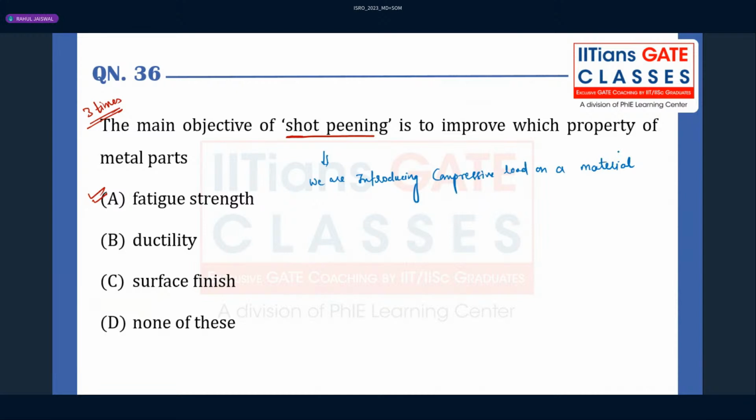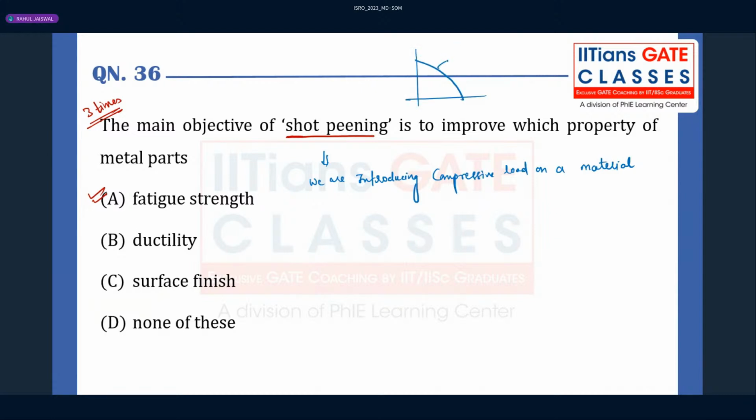Because of the compressive load, compressive stress will be developed. And I told you, as you keep on increasing the mean compressive stress, there will not be any significant reduction in the fatigue strength or endurance strength of a material. Whereas, as you keep on applying mean tensile stress, your endurance strength will keep on decreasing.